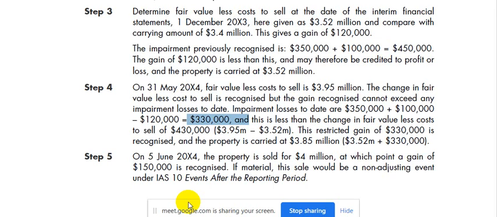We have done IAS 10 events after the reporting date. This asset was reclassified as held for sale before the year end, but the sale only took place after the year end, 5 days later on 5th June. So you need to bring in the IAS 10 events after the reporting period.